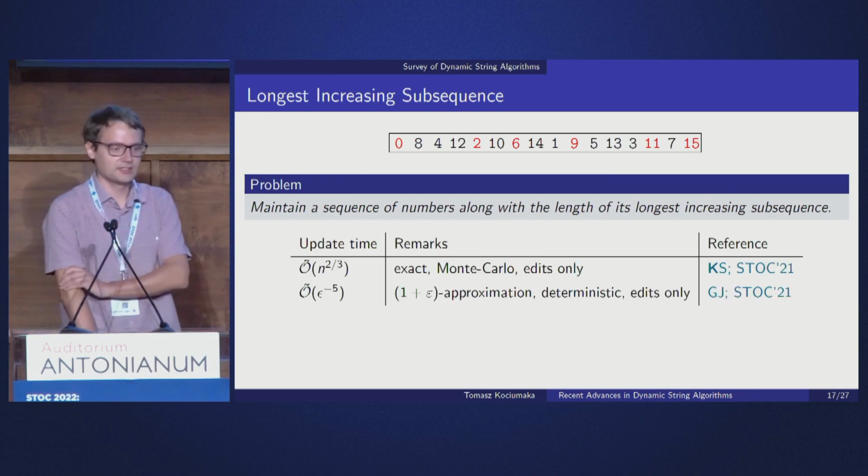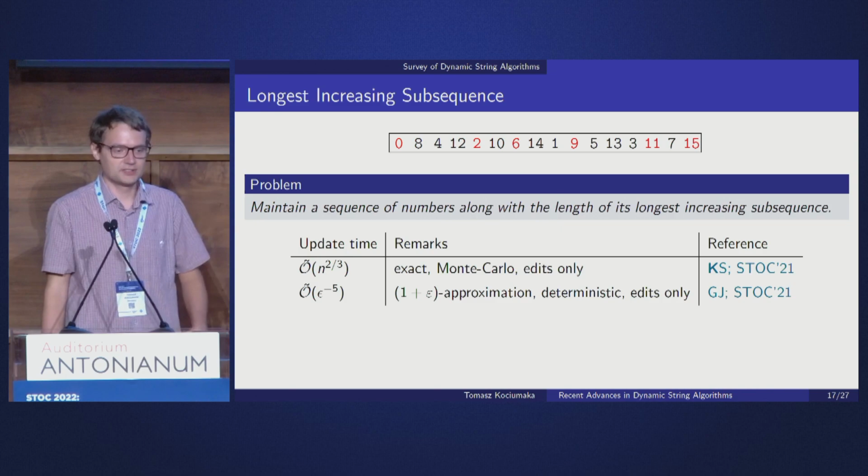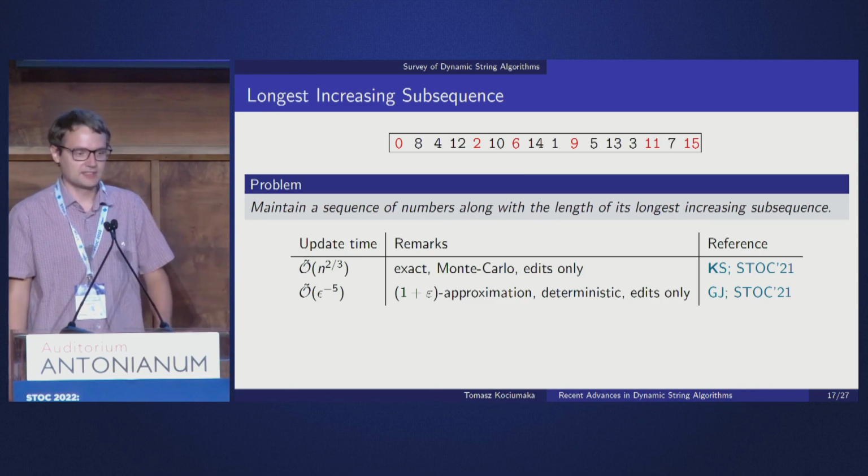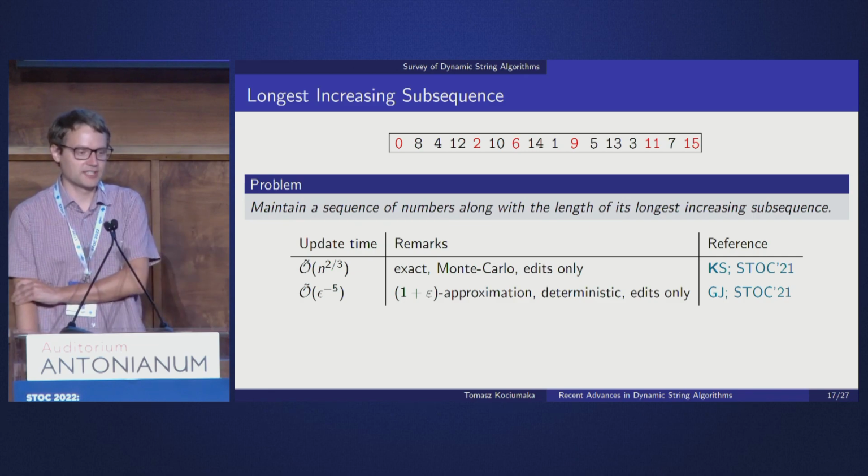And here, the state of the art is from STOC last year. Namely, in two papers, there was first of all the first truly sublinear time dynamic algorithm, and the achieved update time is roughly n to the 2/3. And also, there is a PTAS in polylogarithmic update time and polynomial dependency on epsilon.